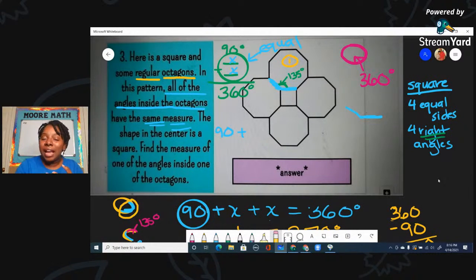She knew what an obtuse angle was. She knew that a circle had 360 degrees. So all of those skills combined, all of those light bulbs turned on and she was able to figure it out. I'm so happy for her. All right, that was awesome.